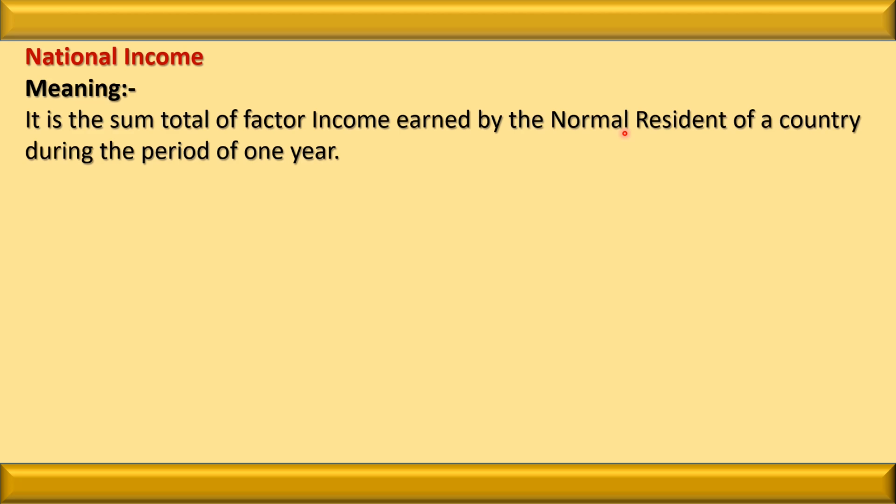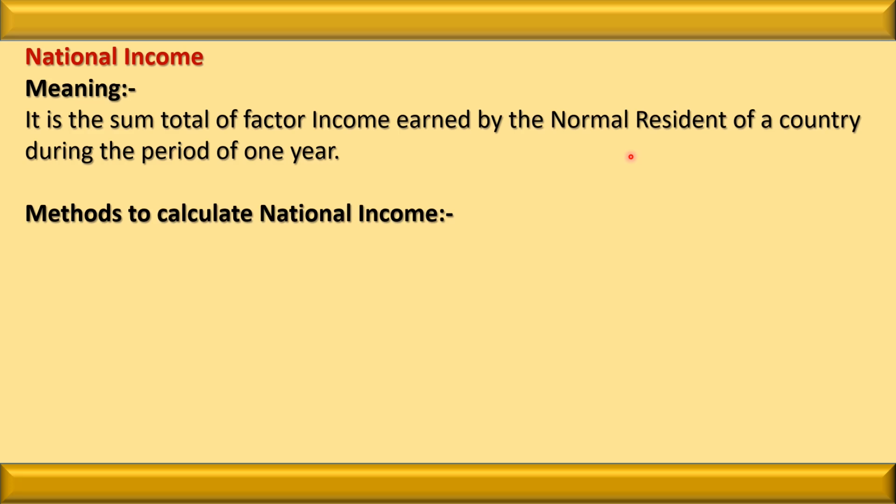It means production, consumption and distribution is going on within the country. So he is the normal resident, he might be an individual or organization. Should he stay in the country for more than 1 year and have an economic interest. So any organization having an economic interest and staying for more than 1 year is the normal resident.